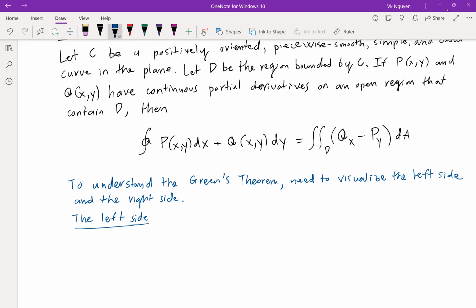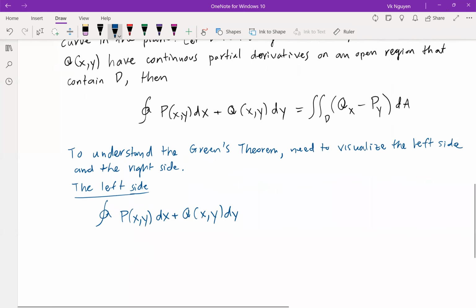The left side. Well, what exactly is the left side here? You can actually do this to the left side: P(x,y) dx plus Q(x,y) dy, right?